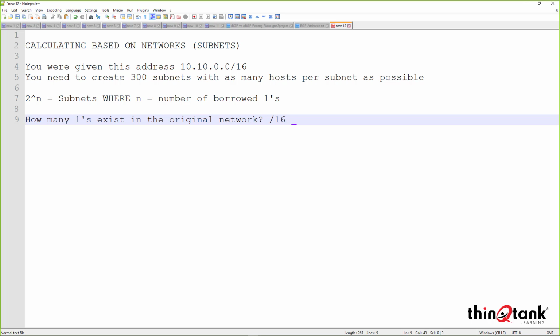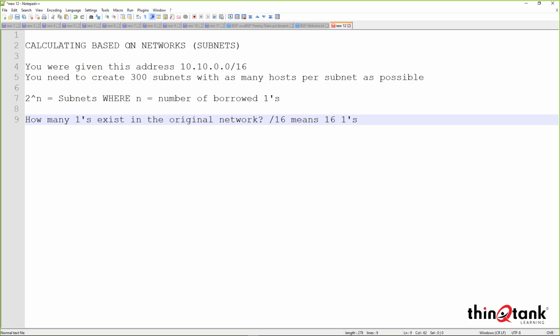Slash 16 means 16 ones. You agree with that? How many ones could I borrow? Meaning how many zeros can be converted to ones in the mask? 16. There's 32 bits in a mask. Half of them are ones, the other half are 0. So I have the potential of borrowing up to 16 ones.